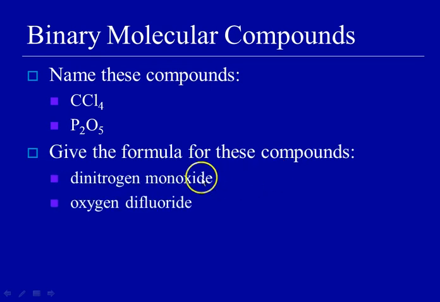Okay, now we're going to give formulas for these names. We're going to go the other way. So our first name in this one is dinitrogen. Nitrogen is N, and the di prefix, again from your previous list, tells us that that is a 2. Monoxide. Well, oxide comes from the element oxygen.